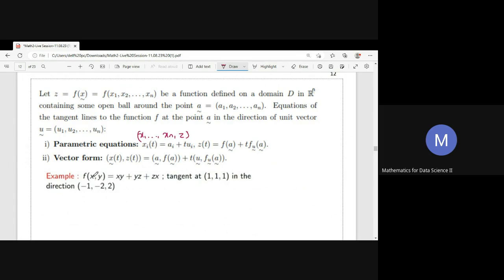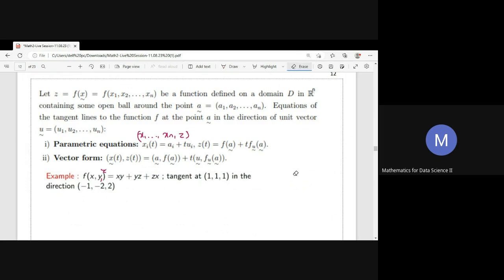Here one variable is missing, f of x comma y comma z. You have to use a different notation for the image, maybe x, y, z and the last one maybe something like u. Okay, fine.